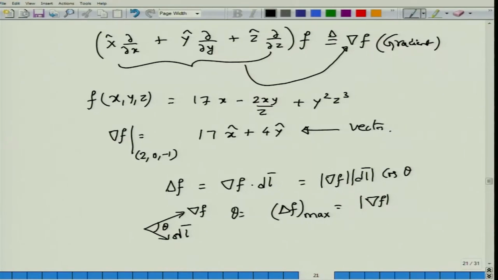This happens when theta equals 0, so that cos 0 equals 1, and the maximum change if you move a distance dl is given simply by the magnitude of the gradient multiplied by the magnitude of dl. This is of course just the magnitude. And if you move in the direction where the function is constant, then theta is equal to pi by 2, and the change delta f will be equal to 0.